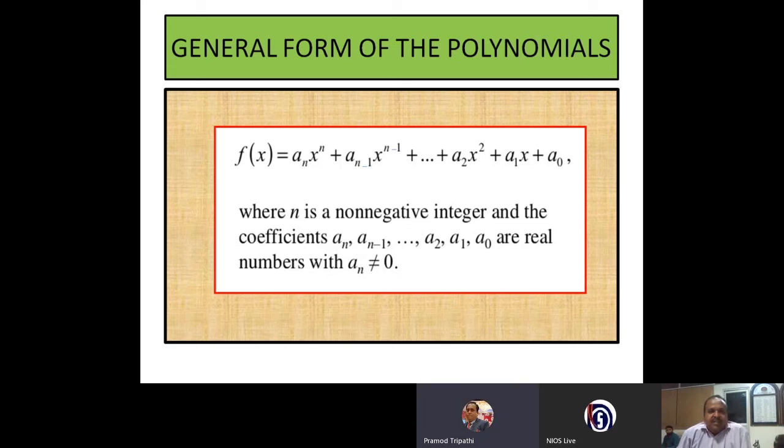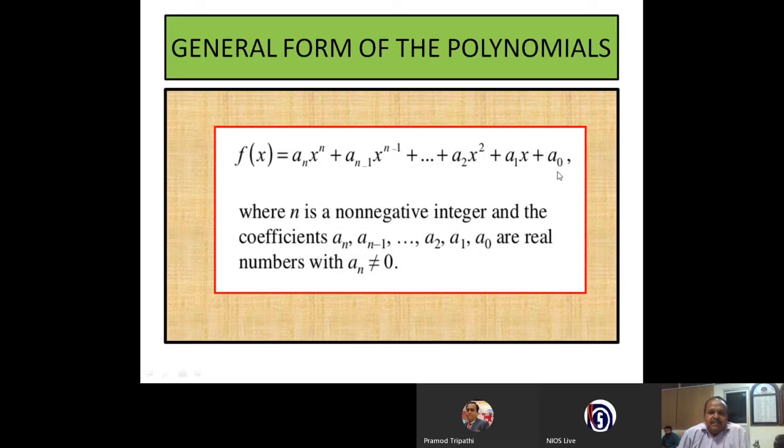Okay, fine. So the general form of the polynomial here we have written as a_n x raised to the power n plus a_(n-1) x raised to the power n minus 1, and up to a_0. The value of the exponent here is in decreasing order. So n must be a non-negative integer.